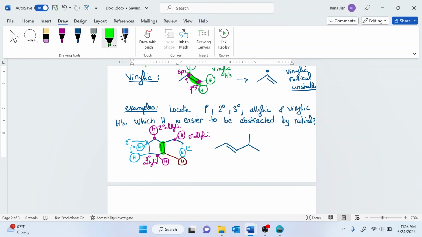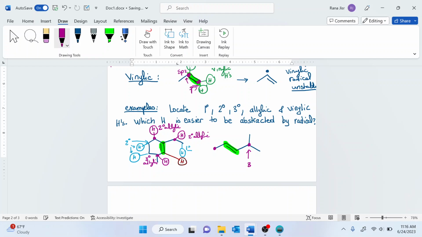For this example over here, locate your alkene. The idea again is that when the radical wants to come and take a hydrogen, it needs to be the hydrogen that generates the stable radical, the hydrogen that is connected to a weak sigma bond. The hydrogens connected to weak sigma bonds are simply the allylic hydrogens. Here I have two types of allylic hydrogens.